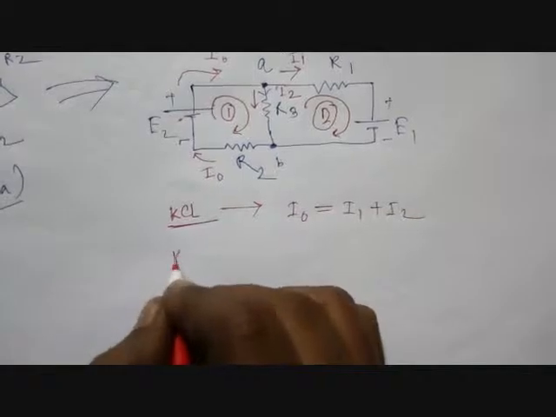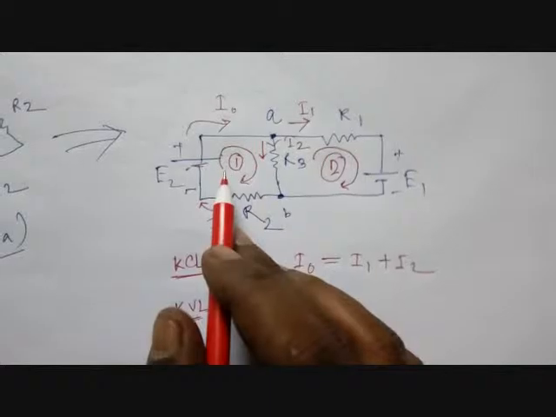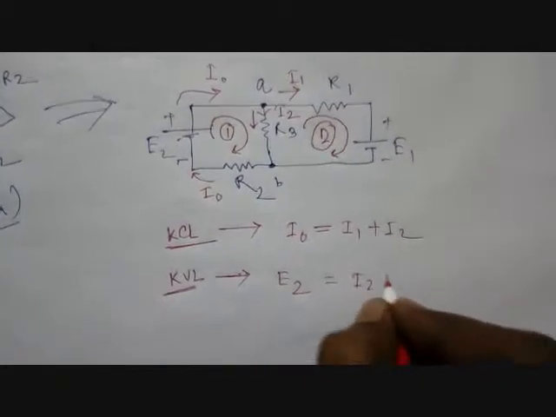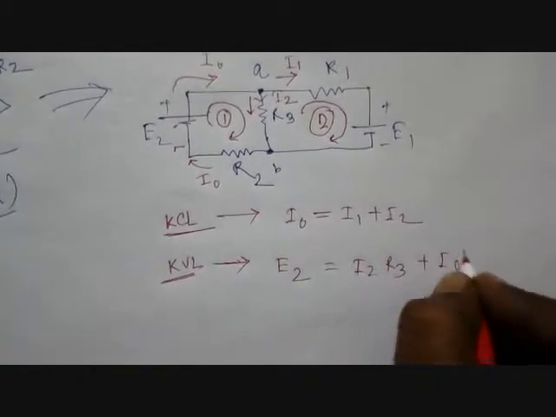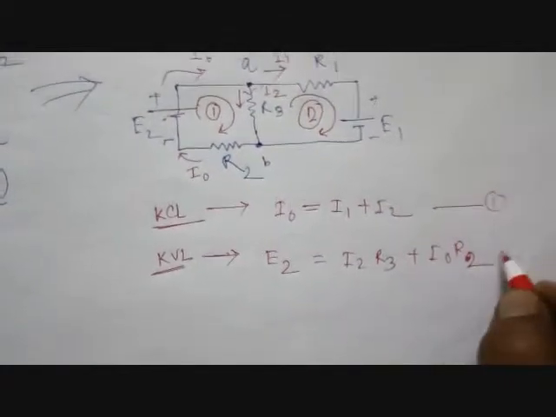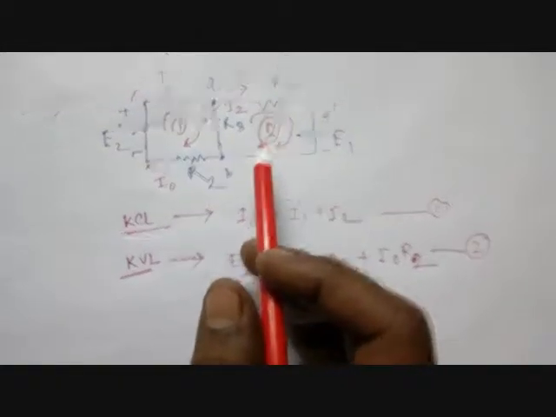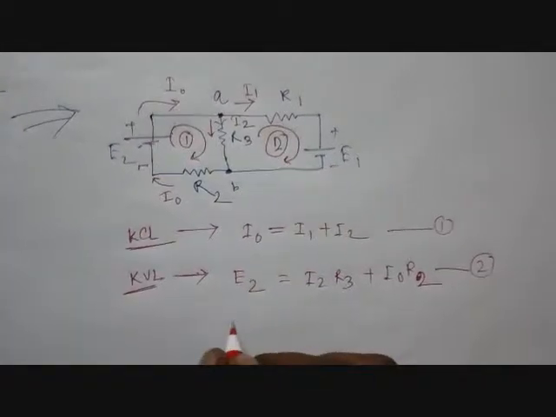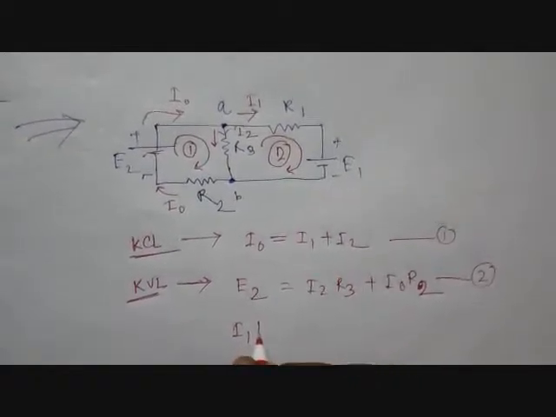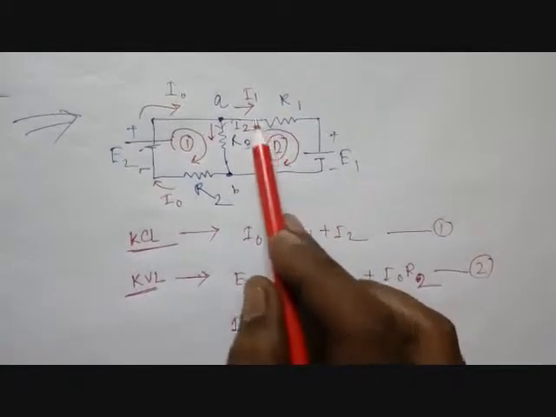The second equation comes from KVL applied on loop 1, which gives E2 equals I2 R3 plus I0 R2. Suppose that one is equation 1 and that one is equation 2. The next equation will be formed from loop 2, which will be I1 R1, the voltage drop across that.